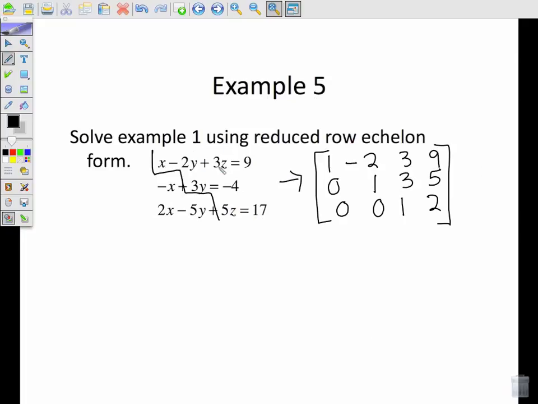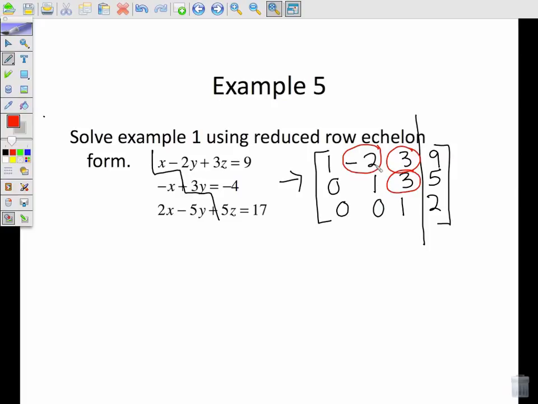Okay, so here's how it works. Once you get your zeros in the bottom positions and you have your diagonals equal to 1, we want to separate the last 3 digits from the rest of the matrix. Now our goal is to get a 0 here, a 0 here, and a 0 there.